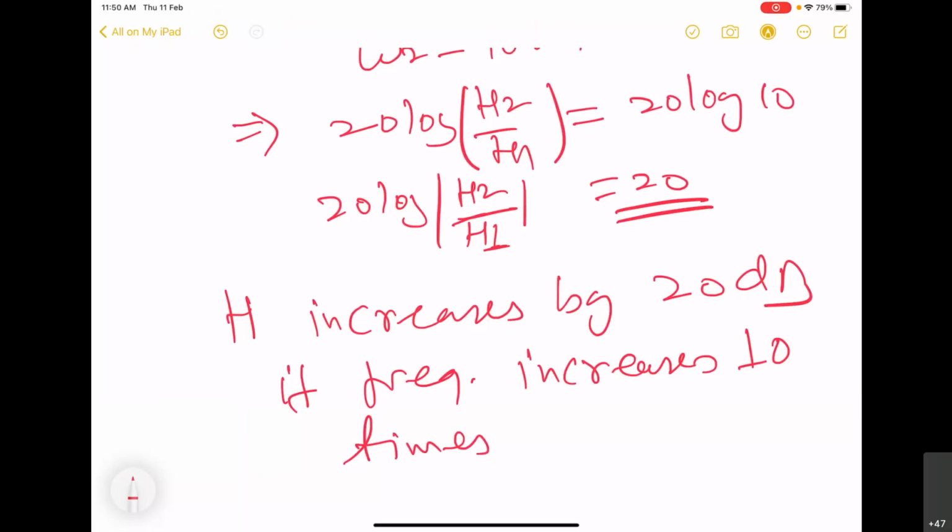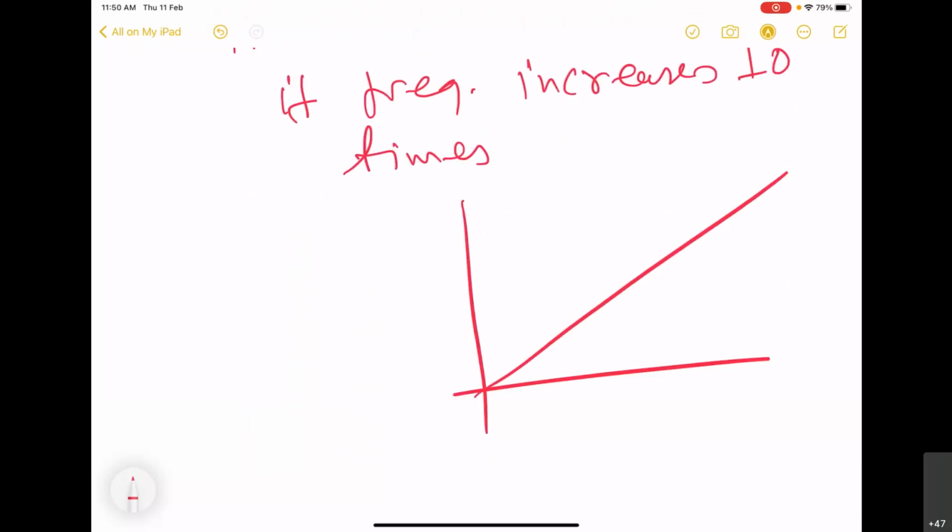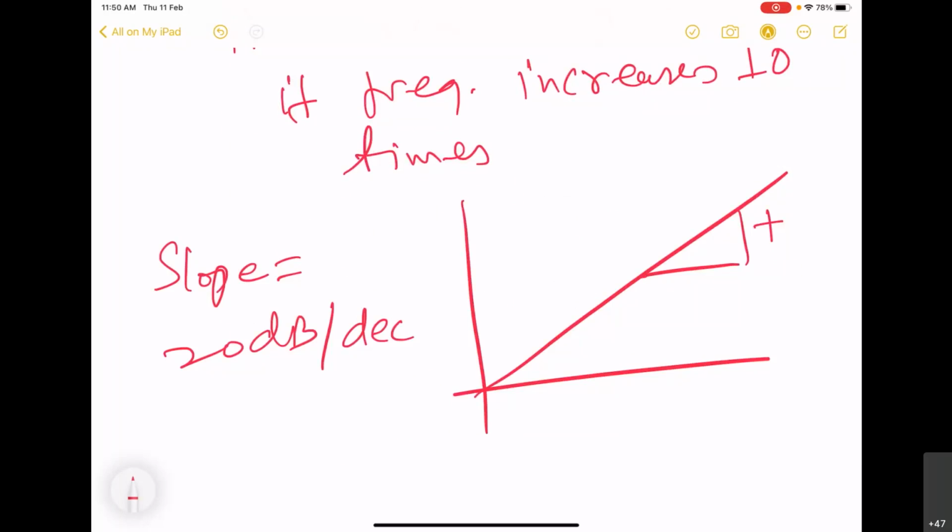If the frequency increases tenfold, then the magnitude of the transfer function, or the gain, increases by 20 dB, right? So that is why this type of slope is also specified by saying that the slope is equal to 20 dB per decade. So we say that it increases by 20 dB if the frequency increases by 10 times.